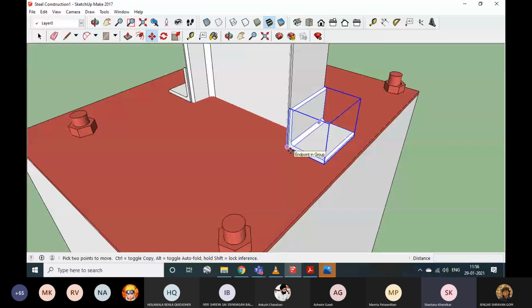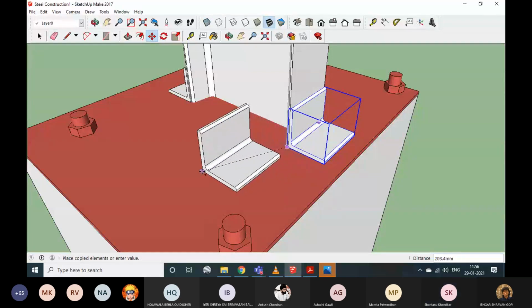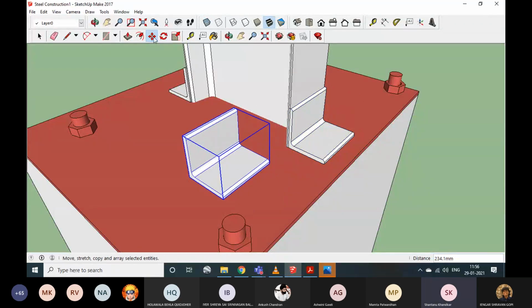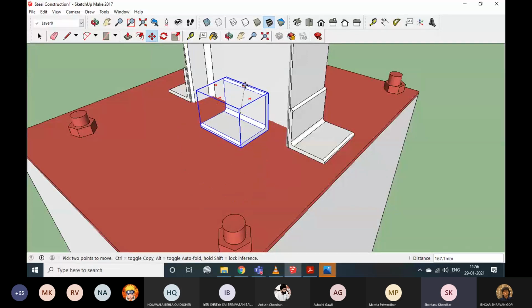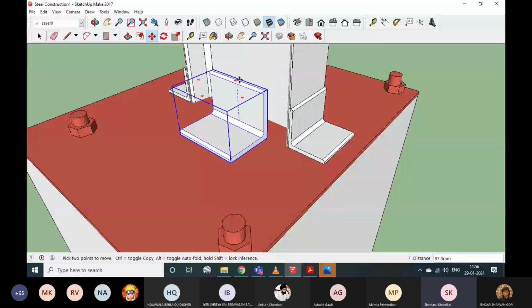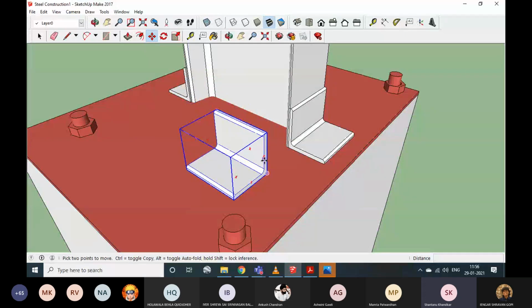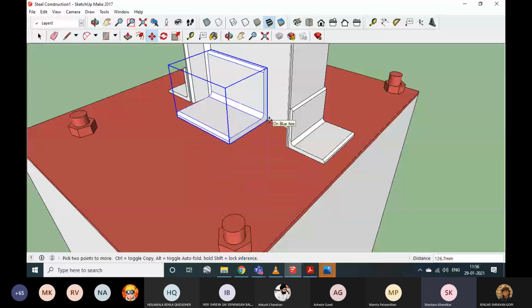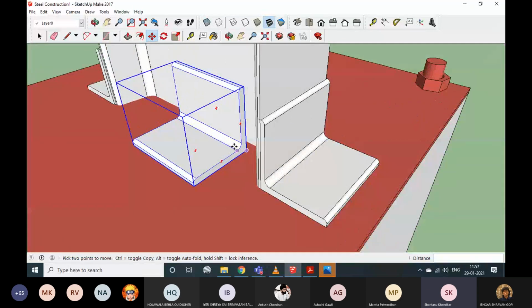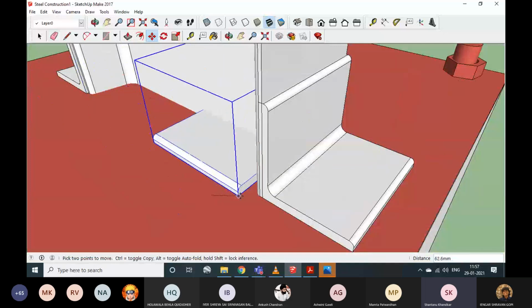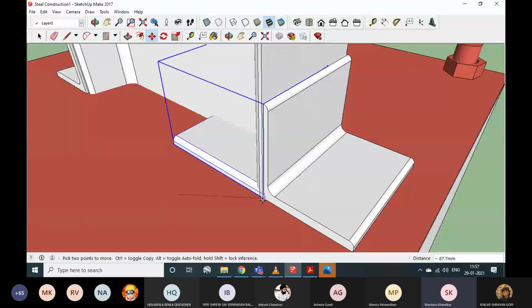So I can just... that's the issue with SketchUp though.